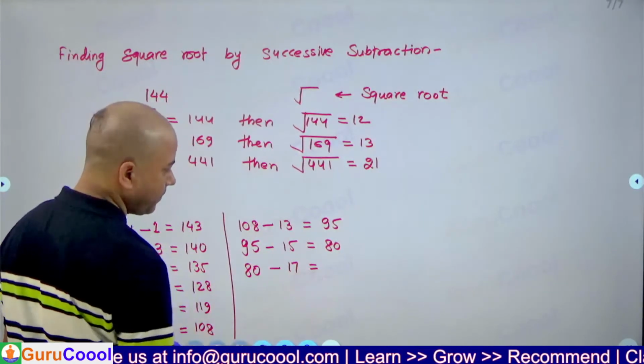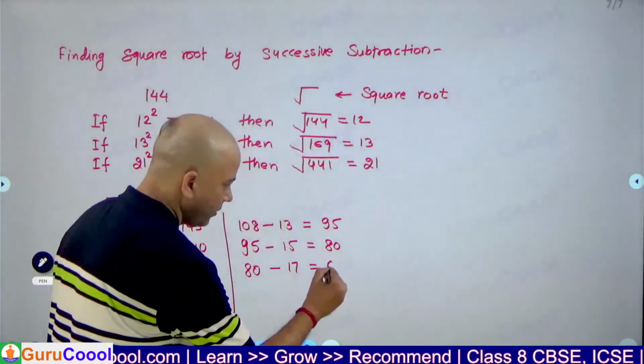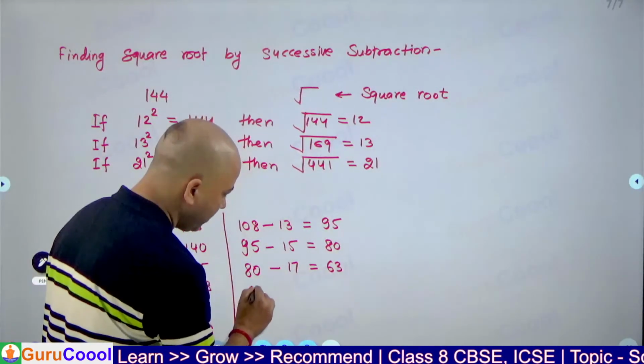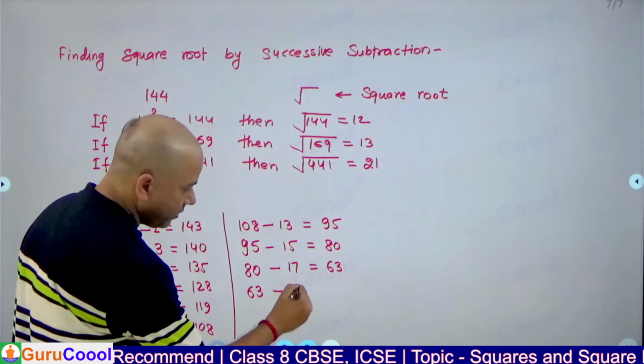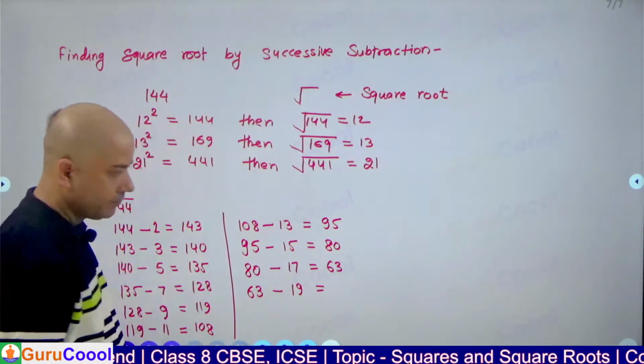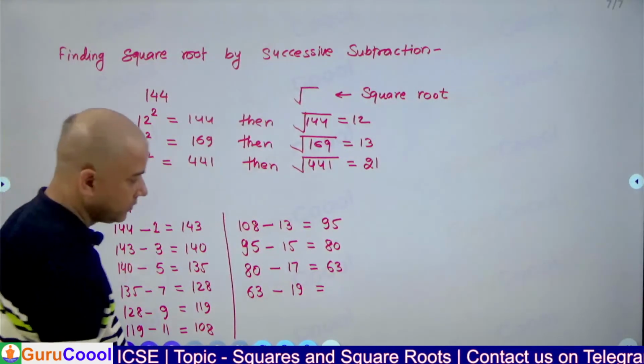How much? 63. Now 63 minus 19. How much? 44.